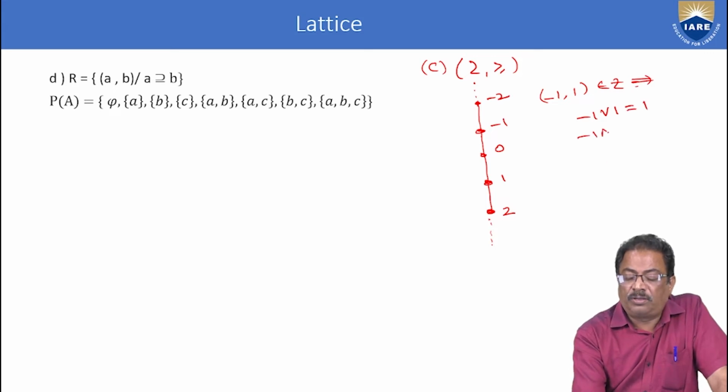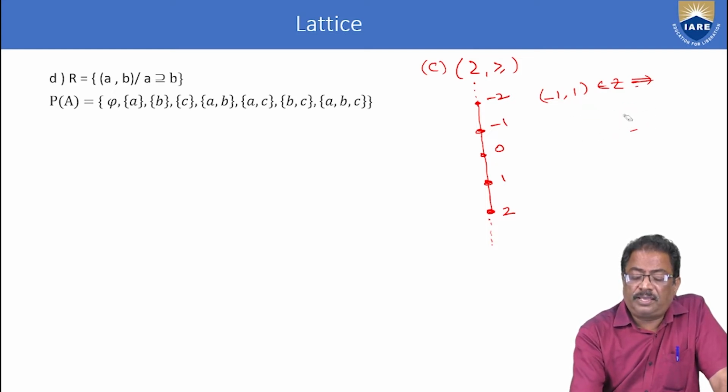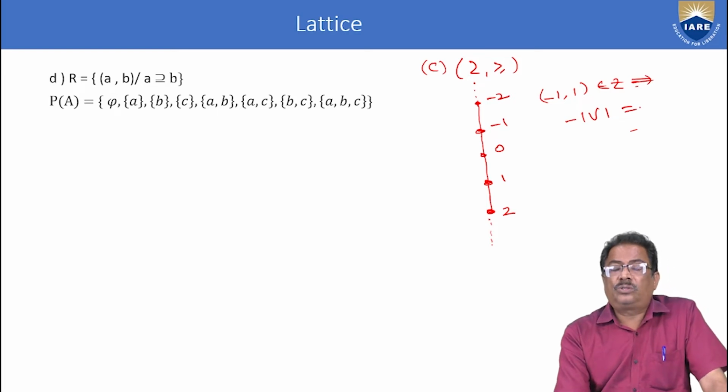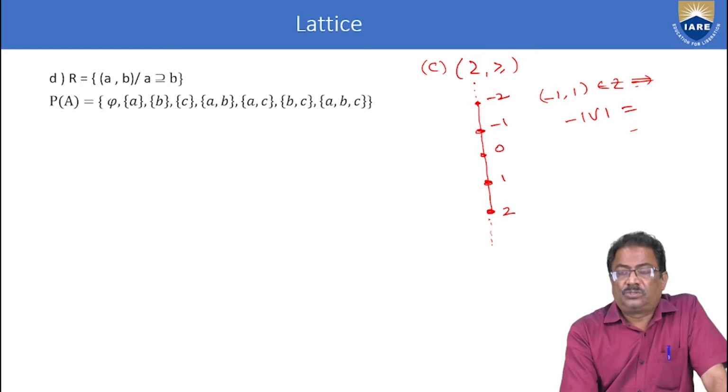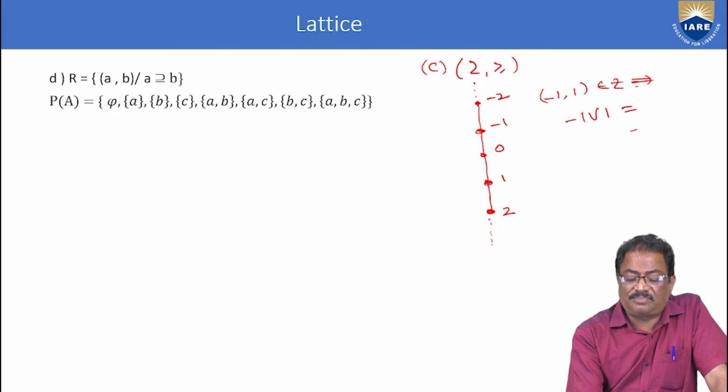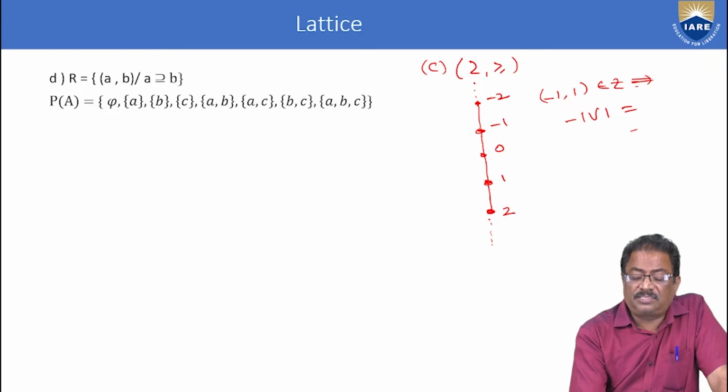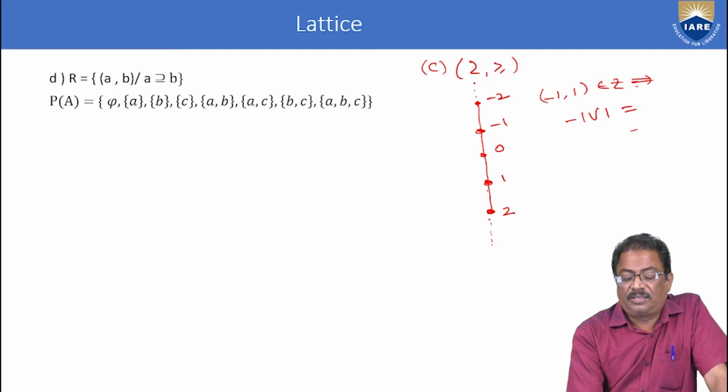Let me consider the least upper bound of minus 1, 1: it is the element related to both, so 1 is greater than this, 0 is greater than this, 2 is greater than this, so I can consider it as greater than or equals to, that relation will be there.